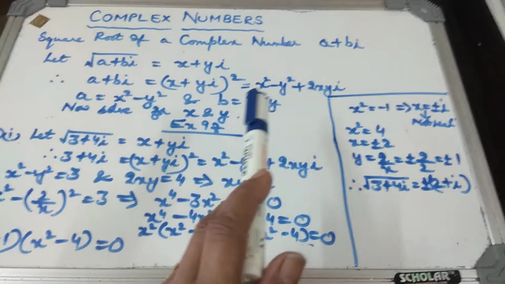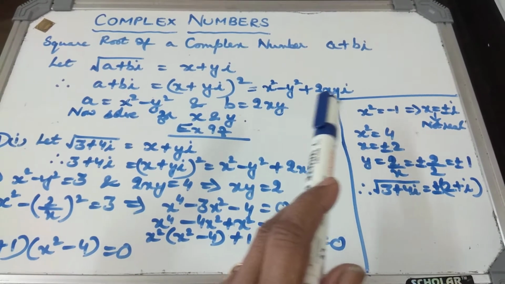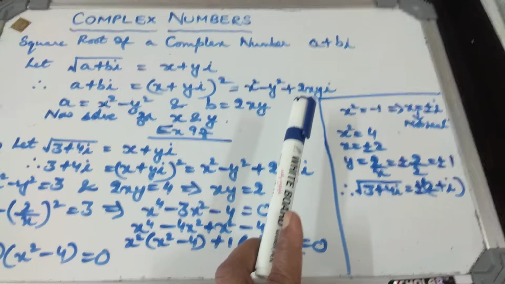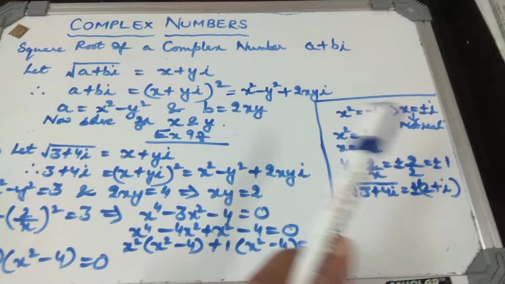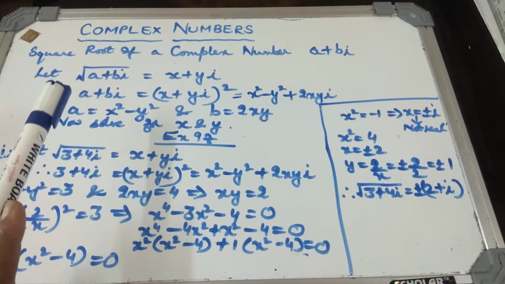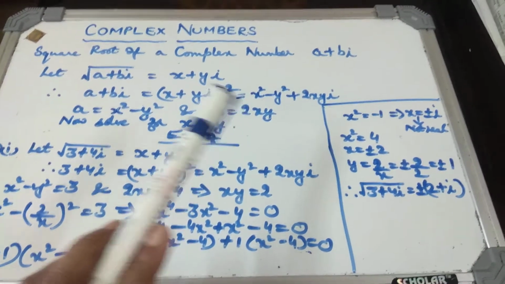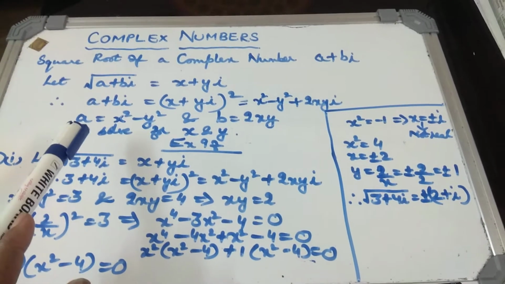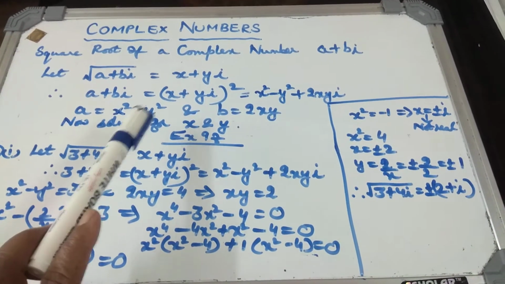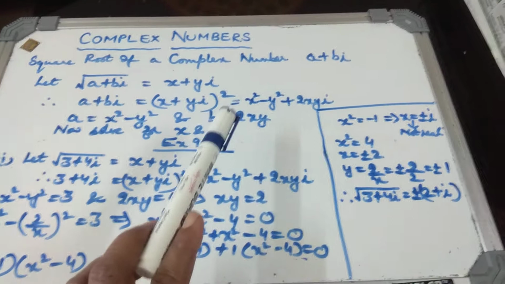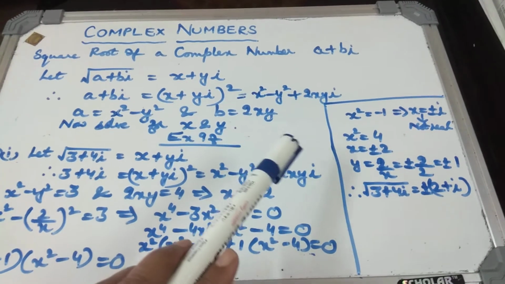So the real part is x square minus y square and the imaginary part is 2xy. Equating real and imaginary parts, we get a is equal to x square minus y square and b is equal to 2xy.